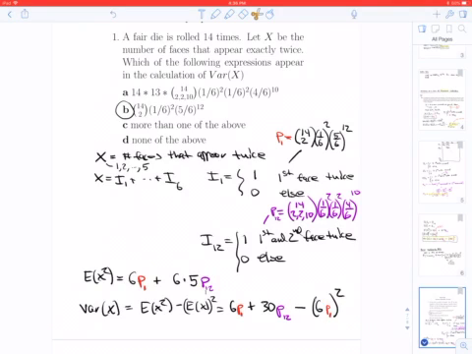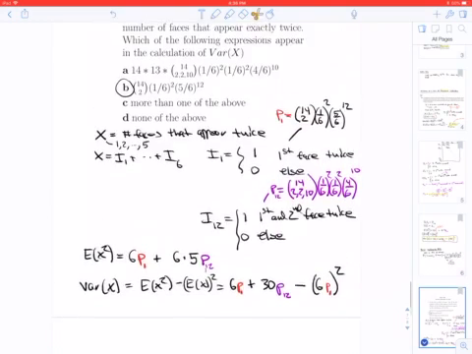I don't see how you could write it as a sum of 14. But writing it as a sum of 6 makes sense.